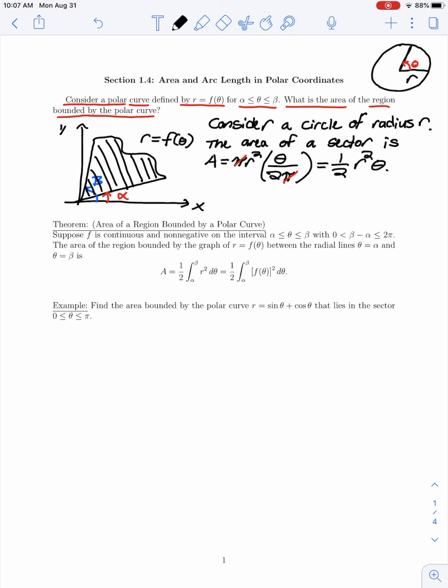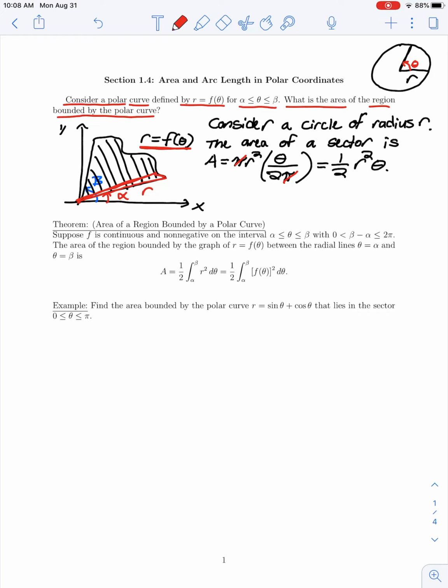Well, if we think about dividing our shaded region into small slivers or small sectors, we see that for this small sector, the area could be approximated as the area of a sector of a circle whose radius is r, which is given by the value of this function, f of theta.